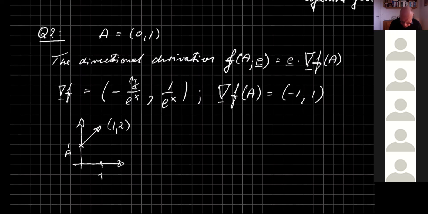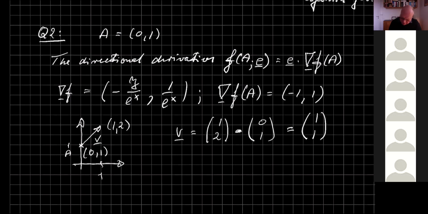So A is (0, 1), and this is (1, 2). So if we call this vector v, then we get that v is equal to the final point, (1, 2), minus the initial point, which is (0, 1). So this is the result (1, 1). But you need a unit vector in that direction.